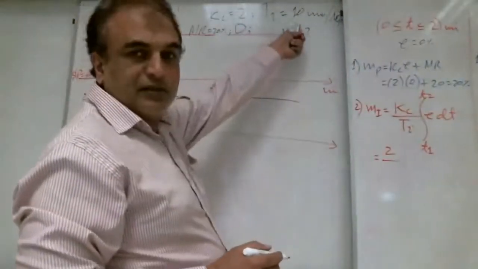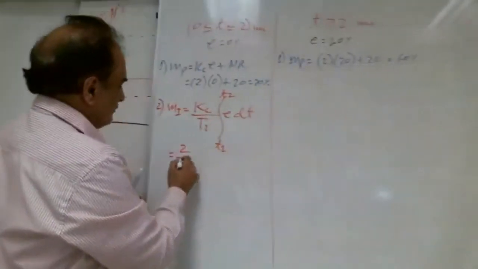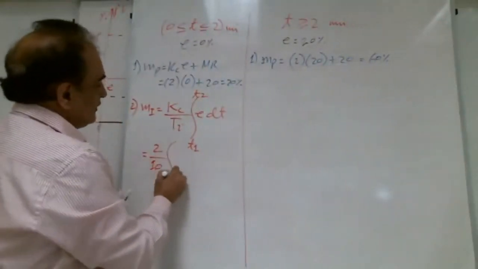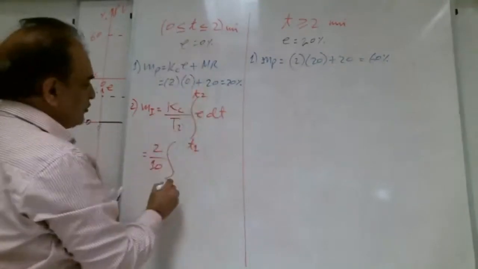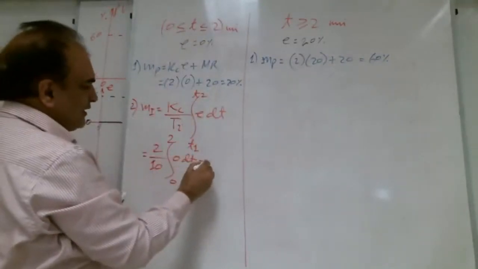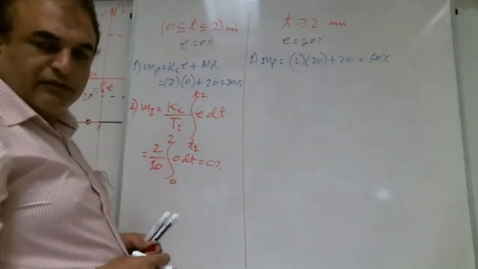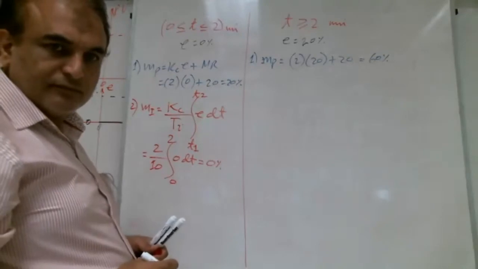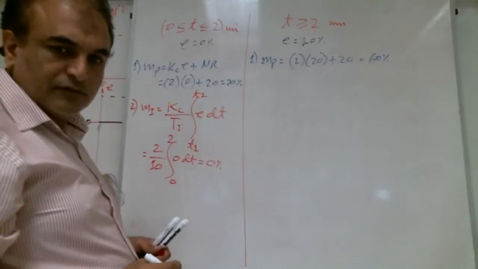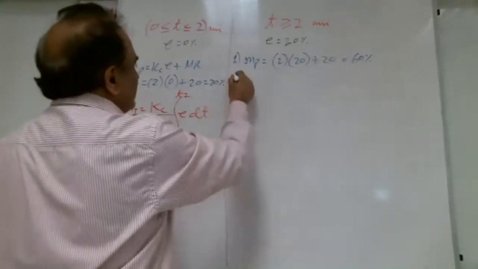TI how much? 10. Very good. From T1, 0 to 2, error is 0. So as soon as error is 0, it becomes 0. With me? That's good.